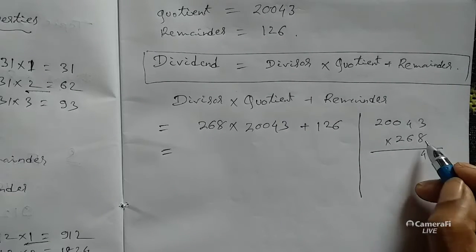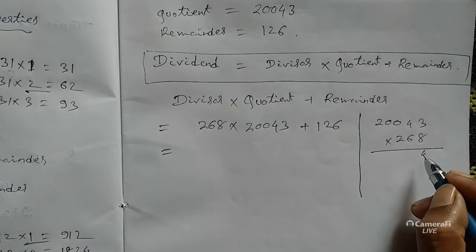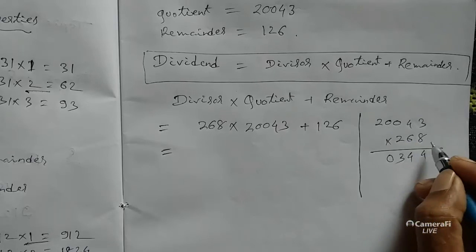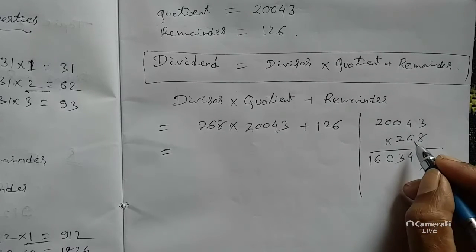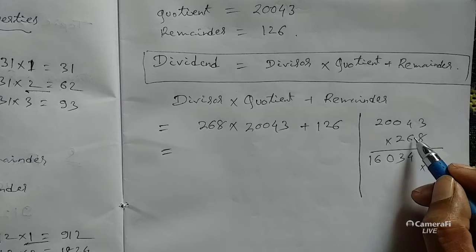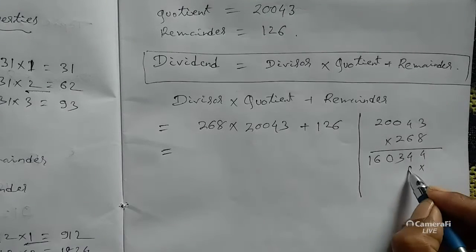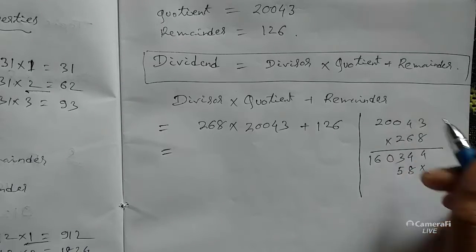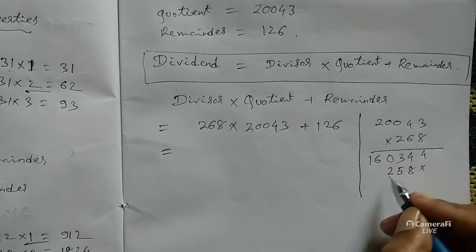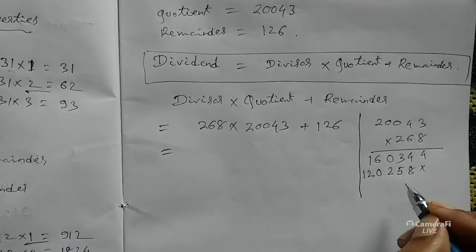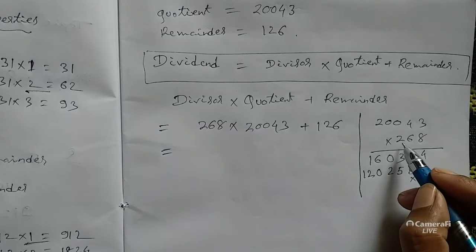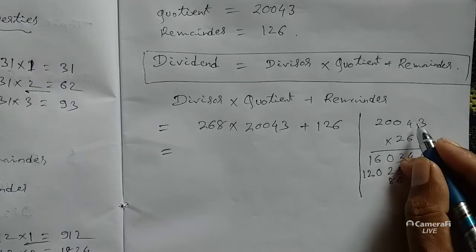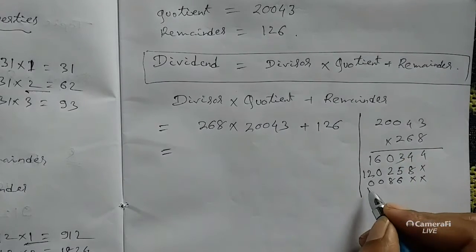8 3s are 24, 2 carry, 8 4s are 32 plus 2 is 34, 3 here, 800, 8 2s are 16. Next by 6, 6 3s are 18, 8, 1 carry, 6 4s are 24 plus 1 is 25, 2 carry here, 600 plus 2, 600, 6 2s are 12. By 2, 2 3s are 6, 2 4s are 8, 200, 2 2s are 2.